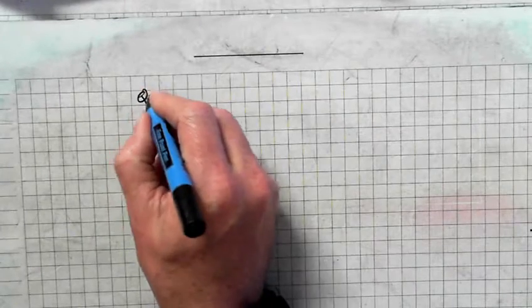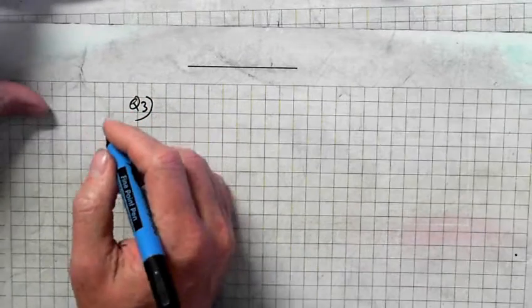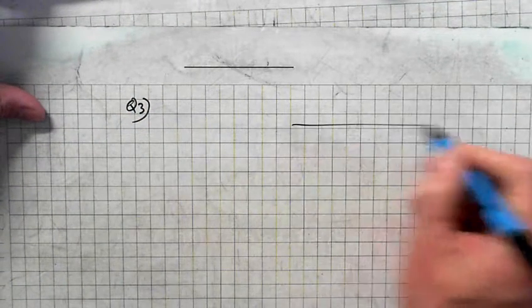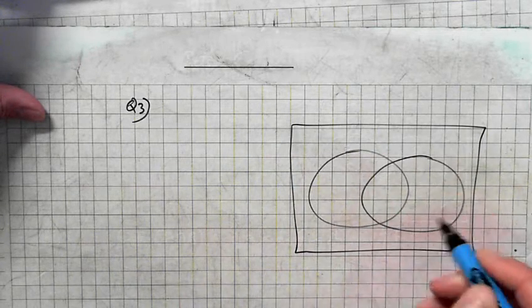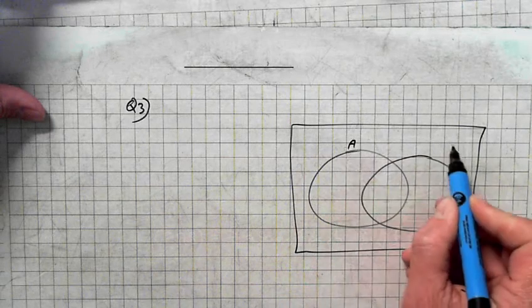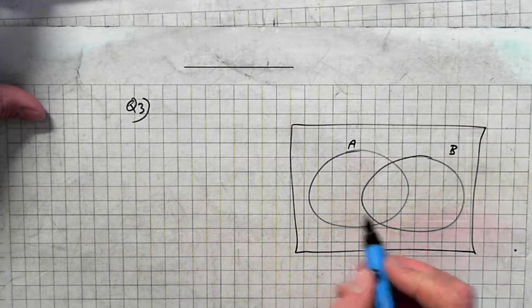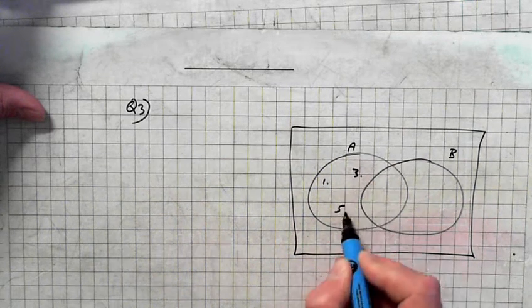Right, question 2. Now, question 3. So we have, again, 2 big sets here. We have A and B. Just keep looking up please. We have 1, 3, 5.